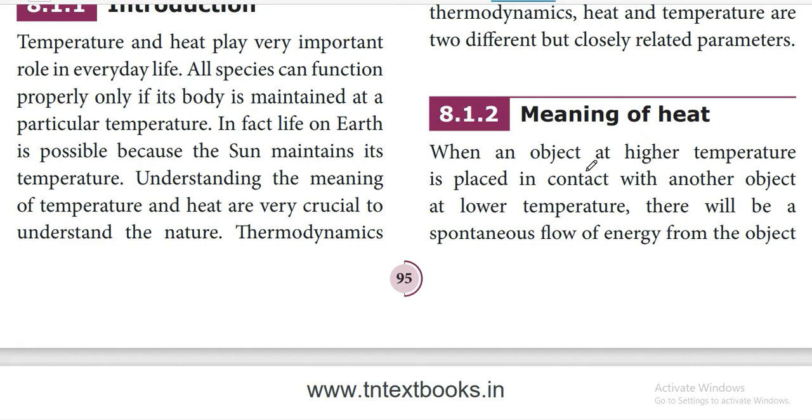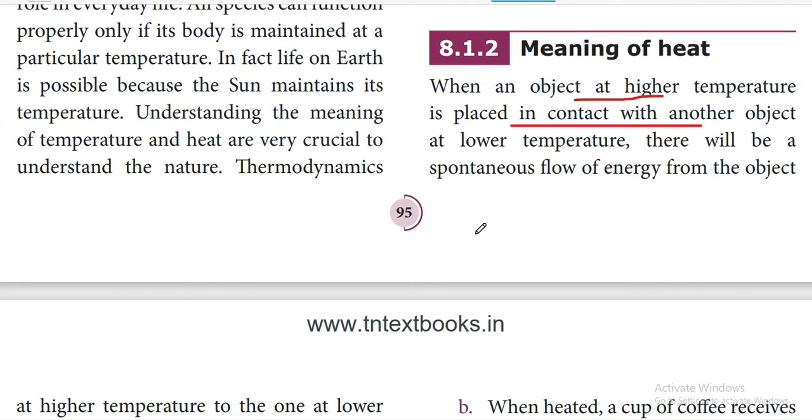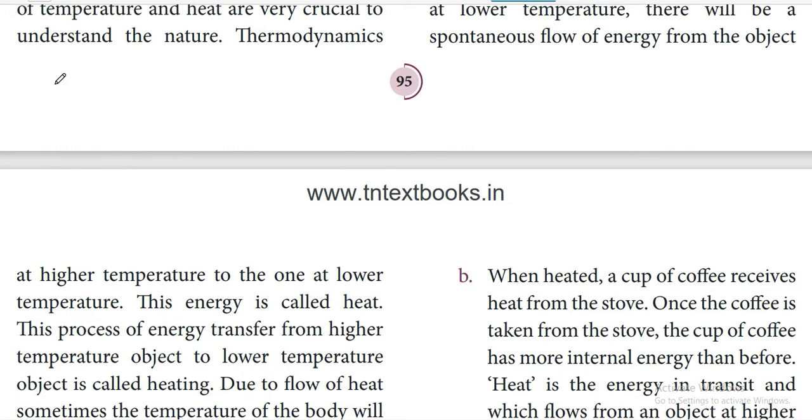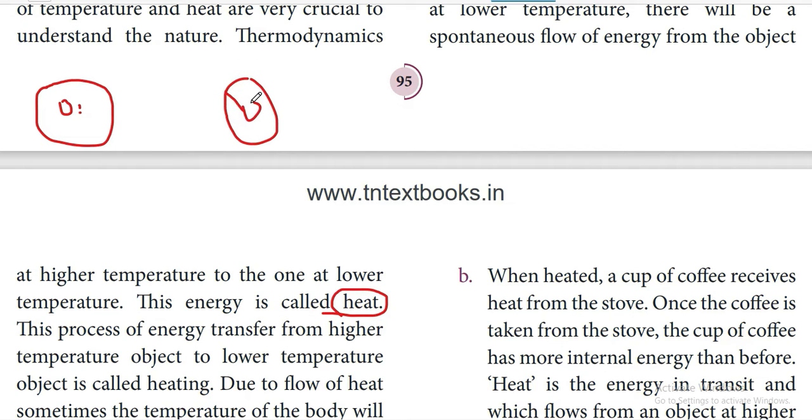When an object at a higher temperature is placed in contact with another object at lower temperature, there will be a spontaneous flow of energy from the object at a higher temperature to the one at lower temperature. This is called heat. So there is an object, say for example, object 1, and there is another object, object 2.